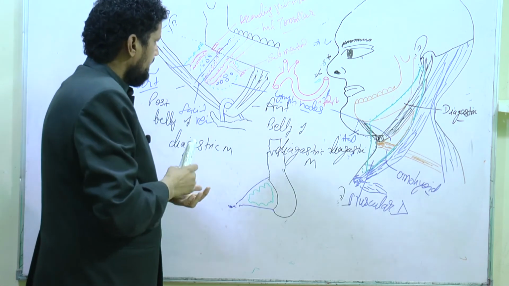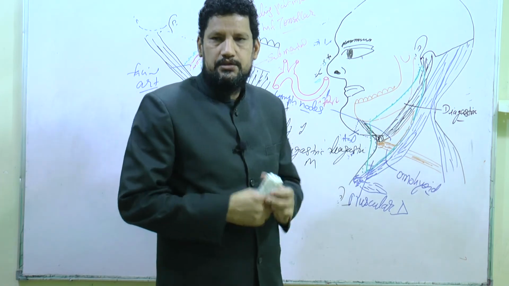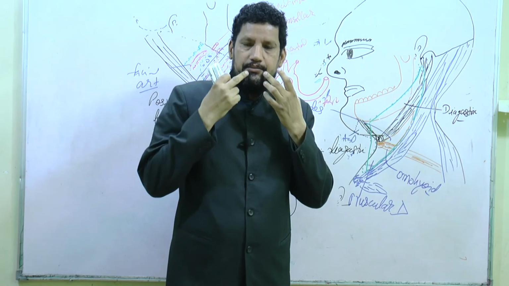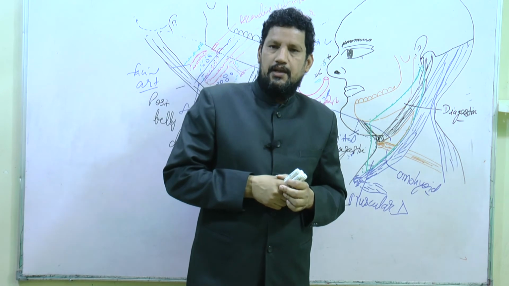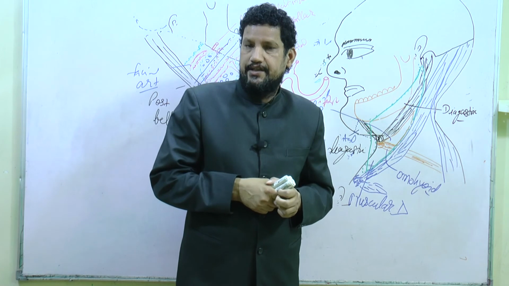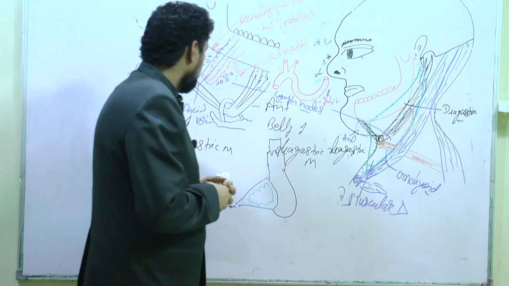These lymph nodes are draining lymph from the middle part of the forehead, the lateral side of the nose, part of the upper lip, lateral part of the lower lip and part of the chin, and the anterior two-thirds of the tongue except the tip of the tongue, which is drained by the submental lymph nodes.